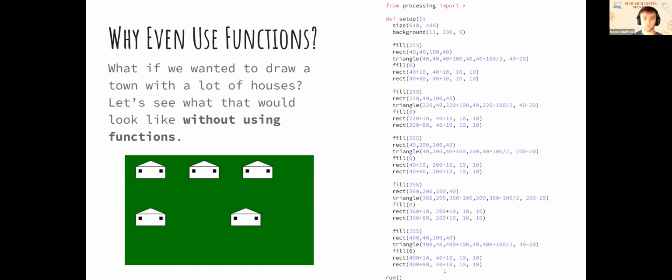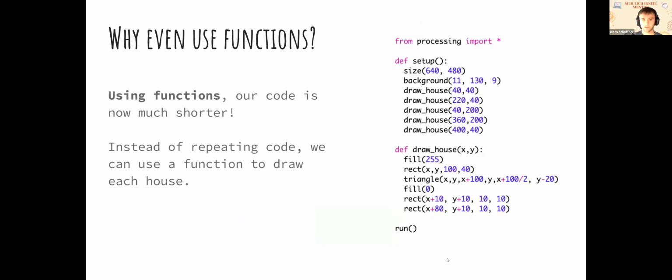Let's say on our screen we wanted to print out a ton of houses. Without functions, this is how you'd have to do it, and this is pretty long. It gets harder to understand what your code's actually doing the longer it is. So we can use a function to make our code much shorter.